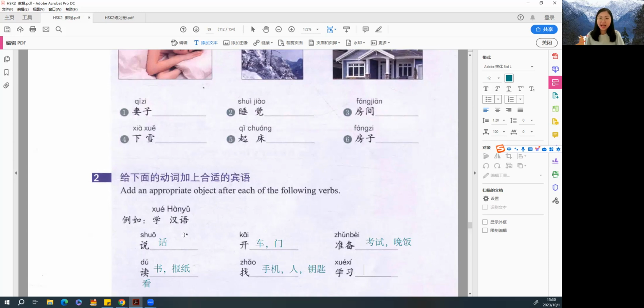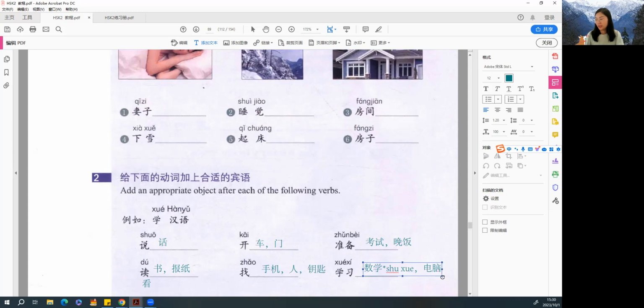学习. We can say 学习汉语, there's no problem, 学习汉语, or what else, 学习英语, or mathematics, 学习数学. This is mathematics. Here is maths for computer, 学习电脑.